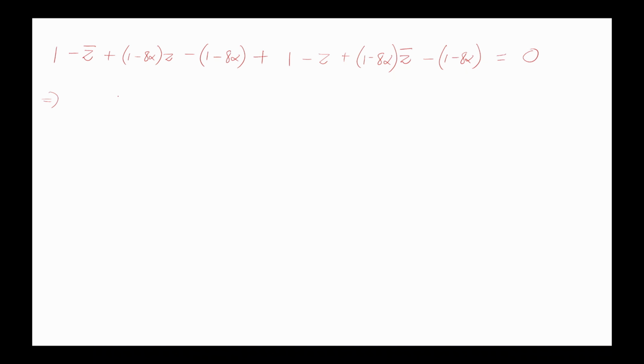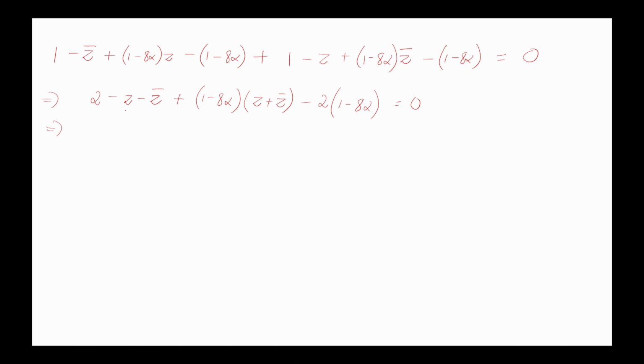Now if I try to simplify this equation further, I would have 2 minus z bar plus 1 minus 8 alpha. If I take it as common, I would have z plus z bar here, and here I would have minus 2 times of 1 minus 8 alpha. This is equal to 0.